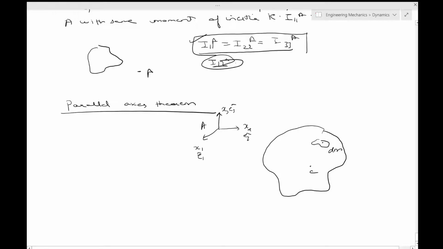Now from this point A you have this point P which has coordinates xi in the xi direction. This vector will be RPA.